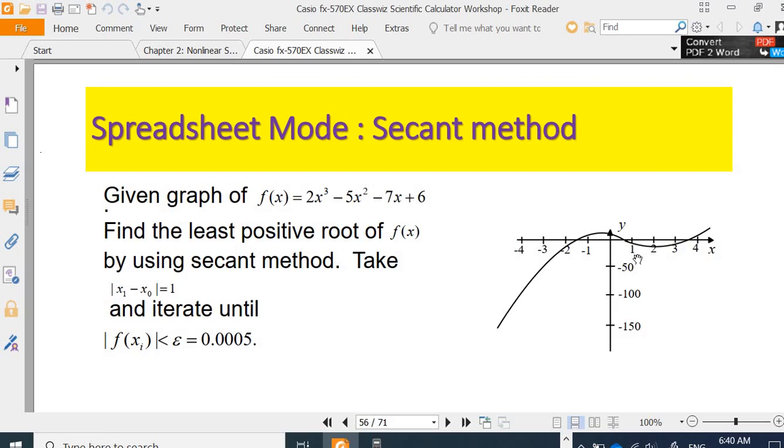To solve for this root using the secant method, as you've seen, we need two initial points, x0 and x1. In this case, let's choose x0 as 0 and x1 as 1, because the least positive root is located in the interval 0 to 1.